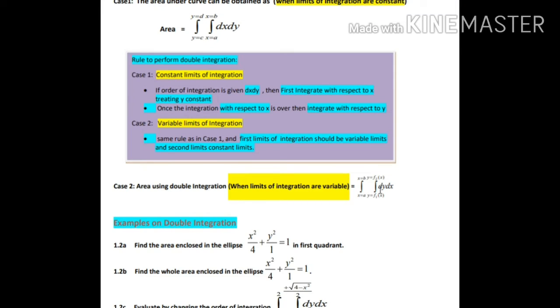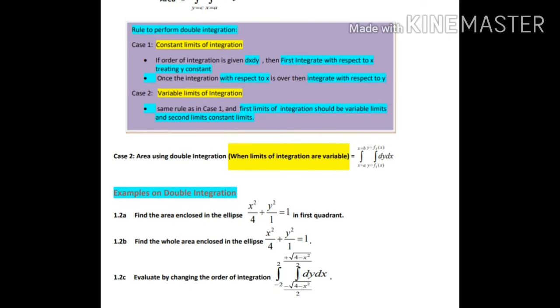If the order is dy dx, then the first limits are limits for y, and limits of y are a function of x. So first we shall integrate with respect to y treating x constant, and then apply limits, and once the integration with respect to y is over, then integrate with respect to x. In double integration with variable limits, the first limits are variable limits and the second limits are constant limits. So already we know all these rules.